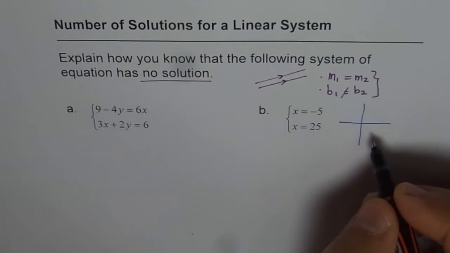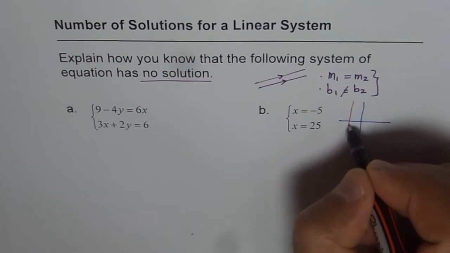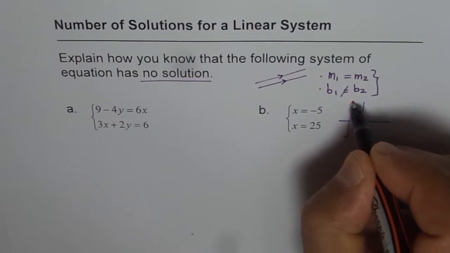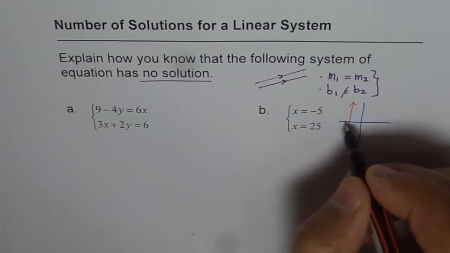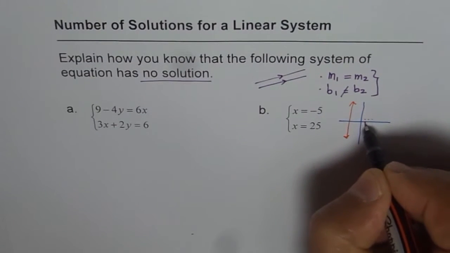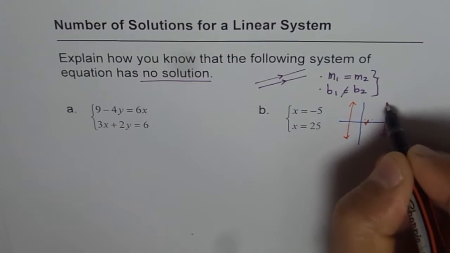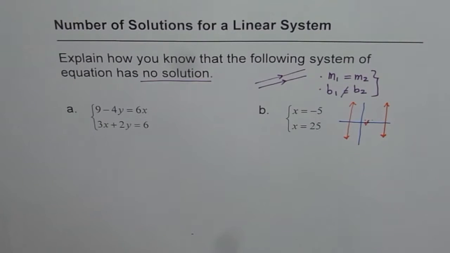That means for all values, the x value is just minus 5. So it will be something like this. I'm not drawing it to scale. Minus means left side, and 25 is far away. Somewhere there, we have another vertical line which goes through the x-intercept of 25.